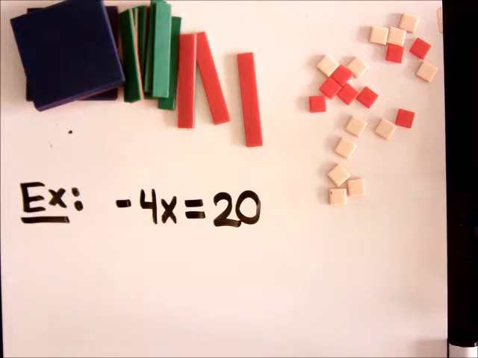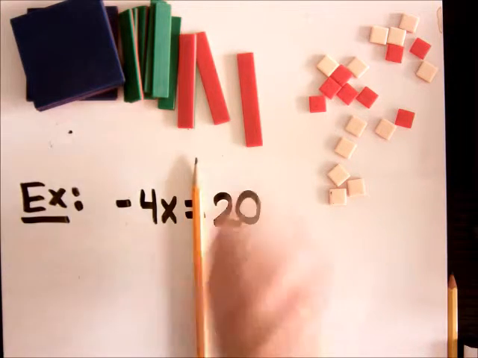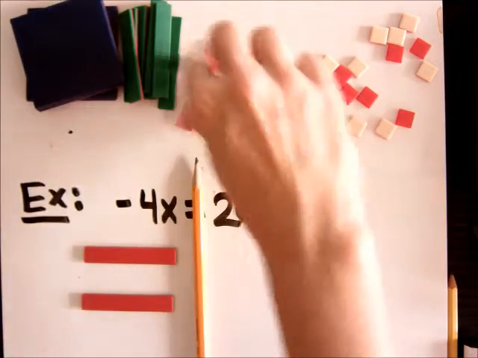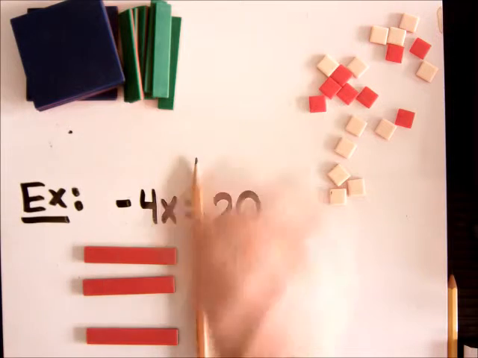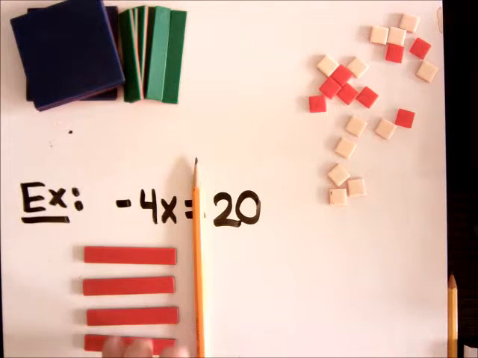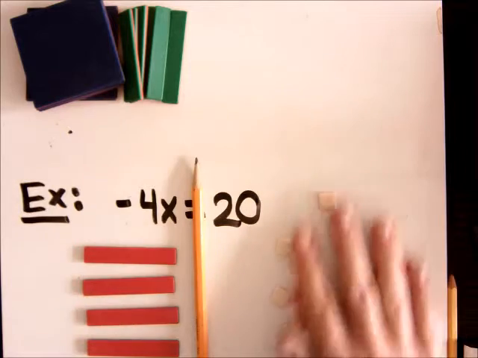What color, Miss Robson, are the x's going to be? Red. And how many of them do you need? We need 4. 1, 2, 3, and 4. All right, now, this is all of them, right? So pull all 20 down, make sure they're all what color?